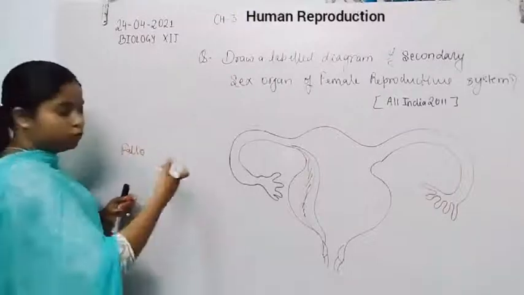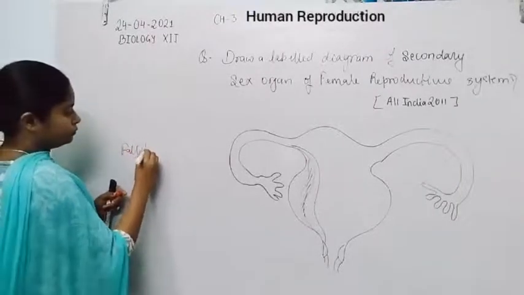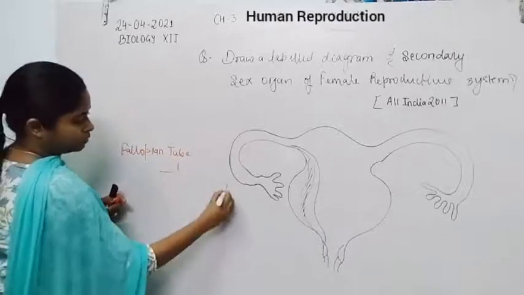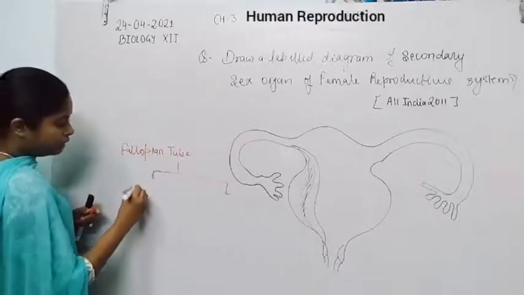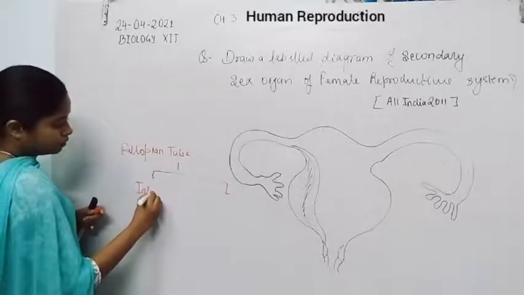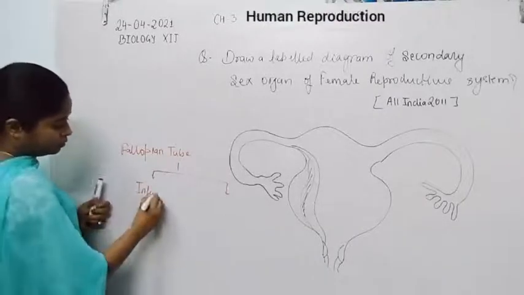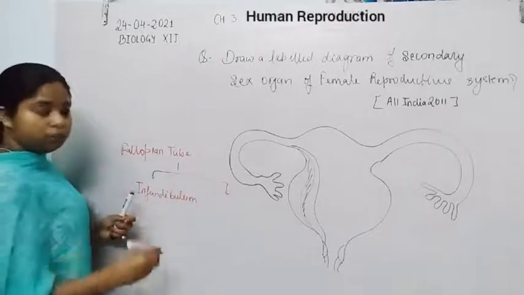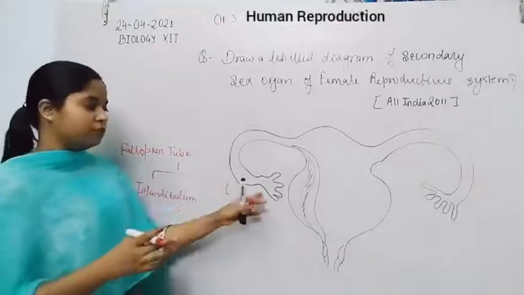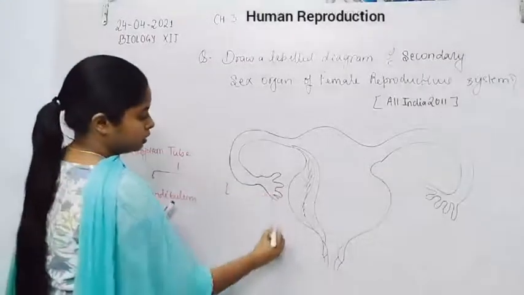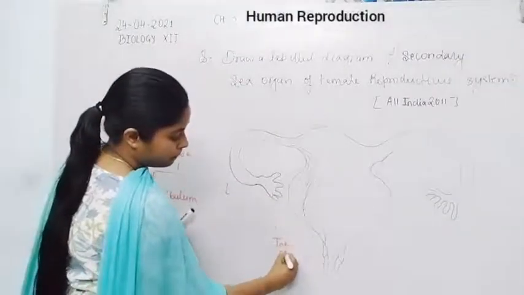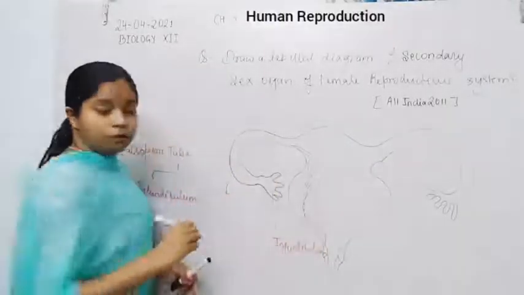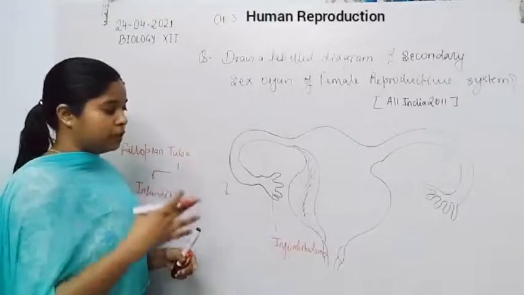The fallopian tube or oviduct consists of 4 parts. First is the infundibulum, which is a funnel-like structure.